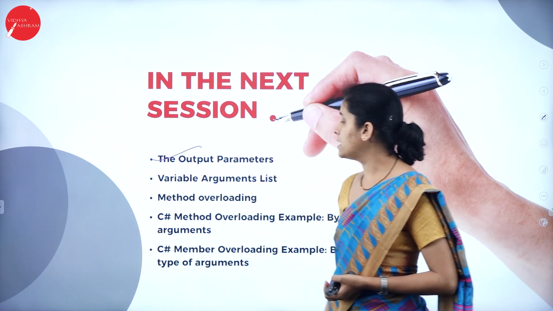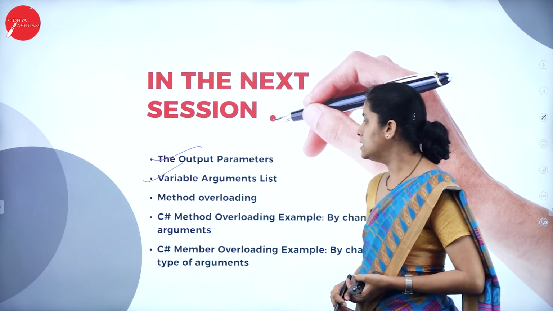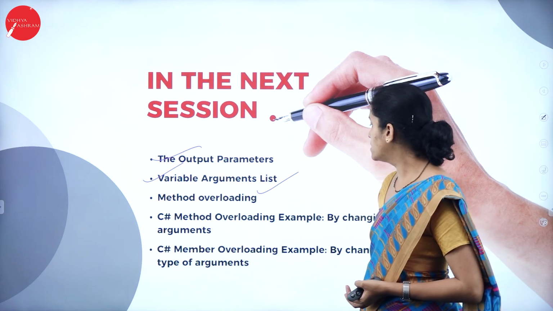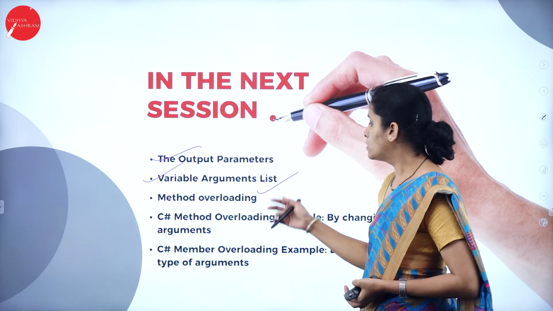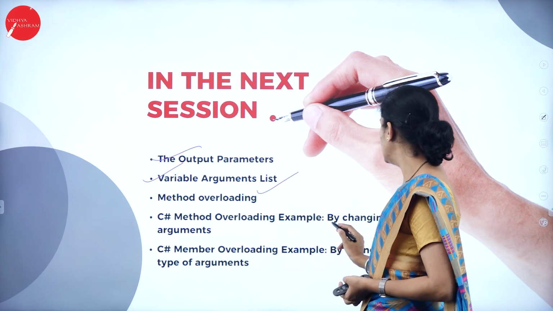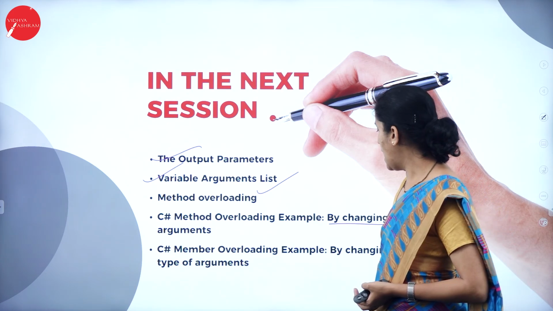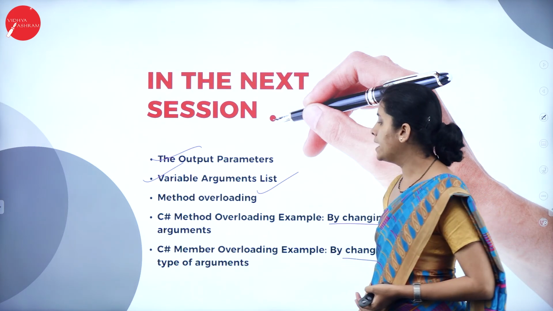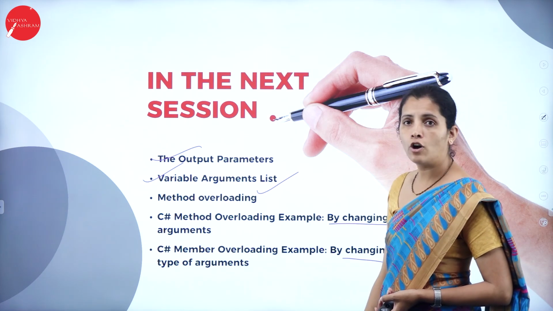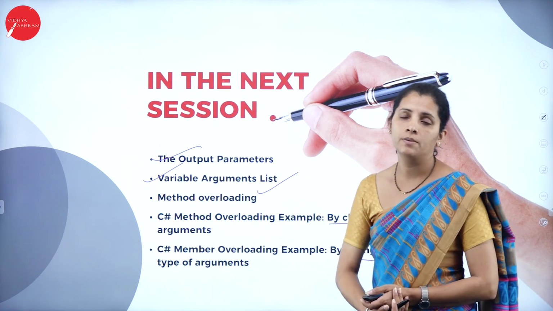Along with that, I'm going to deal with variable arguments list, method overloading, C# method overloading. There are 2 types of C# method overloading, that is by changing the number of arguments as well as by changing the data type of arguments. So these are the topics I'm going to deal with in my next session.